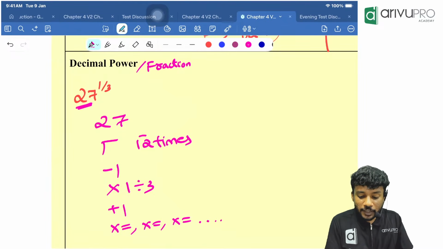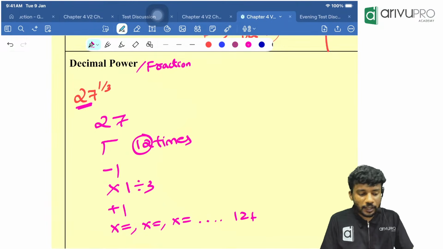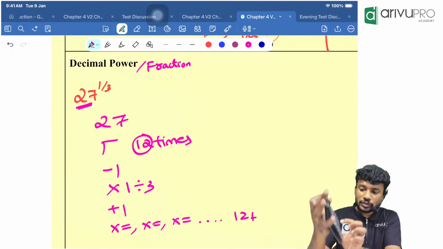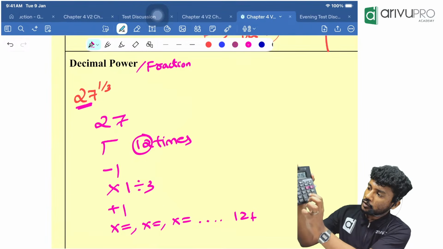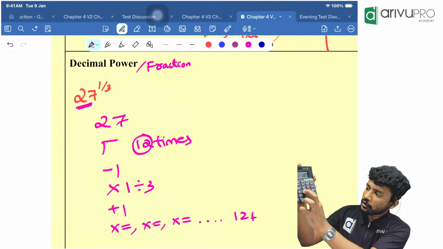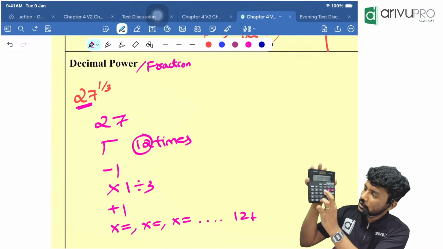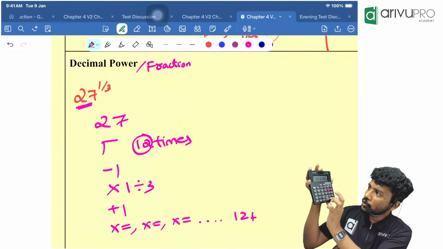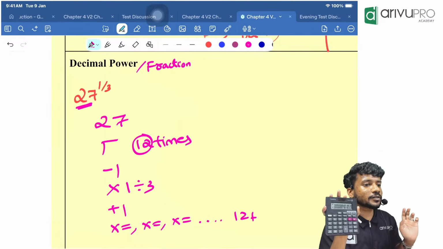You will do that 12 times. Multiply equal to 1 time, 2, 3, 4, 5, 6, 7, 8, 9, 10, 11, 12. Did you get 3.00 something?